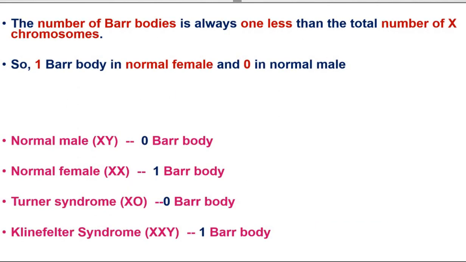Now, how will you calculate the number of Barr bodies? Remember, the number of Barr bodies is always one less than the total number of X chromosomes, right?